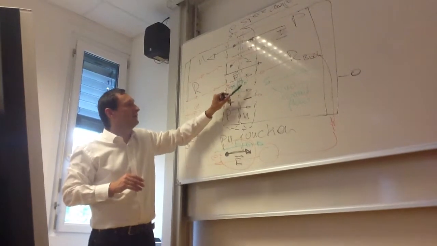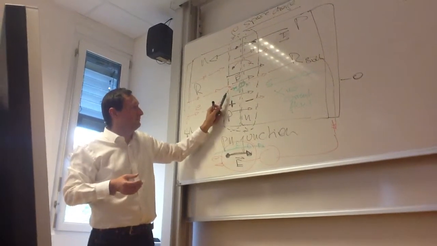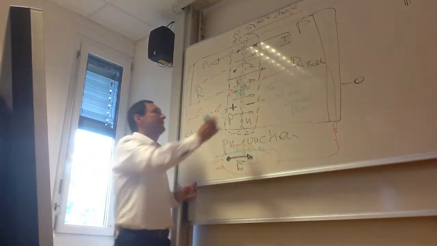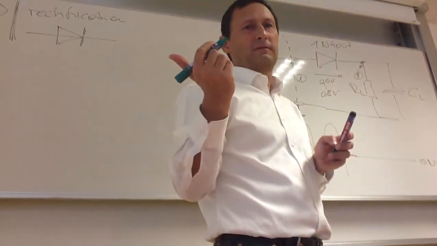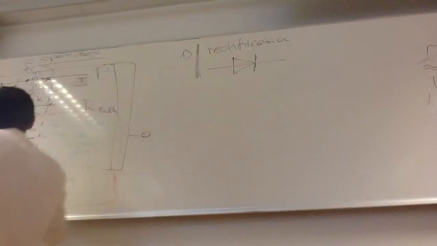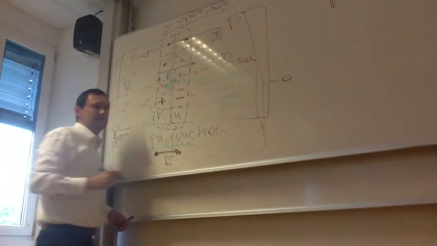We have here the electrons that have diffused from the N material. So on this side we have a lot of electrons. Would the electron join the other electrons, or go for the opposite charge? It will go for the opposite charge. So it will go to the other side, and the hole will go to this side here.